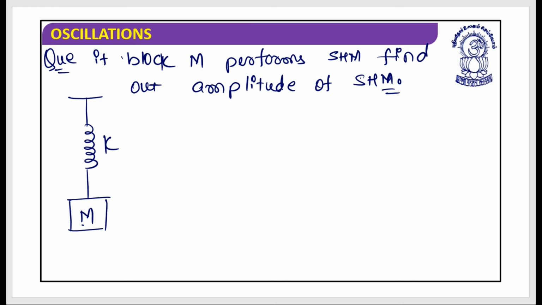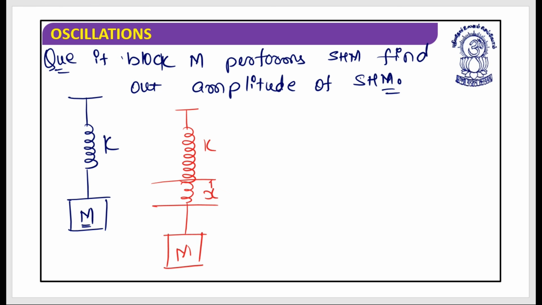If I hang this block initially, the situation will look like this: this is the spring, and this is the block M. This was the original spring and this is the extension. The forces acting on the system are mg because of weight, and the restoring force, which is equal to kx.